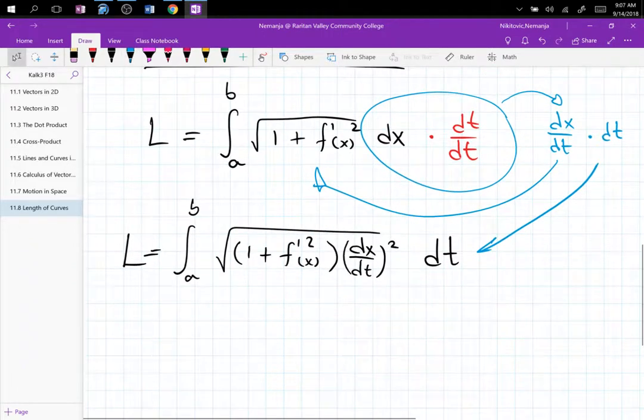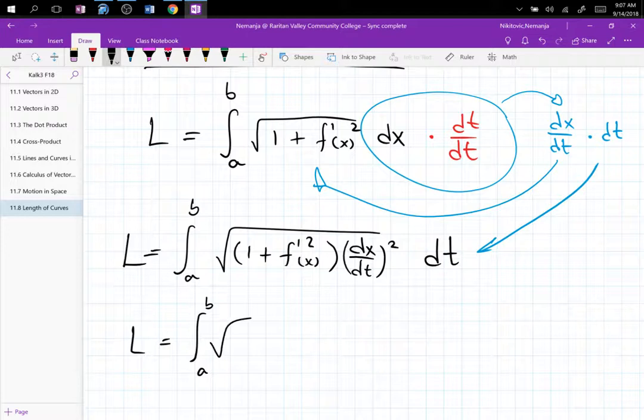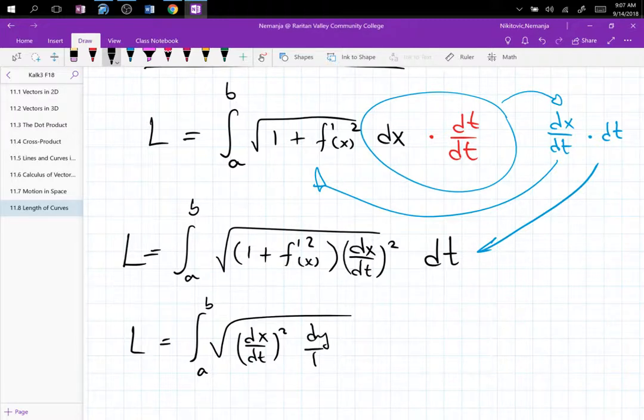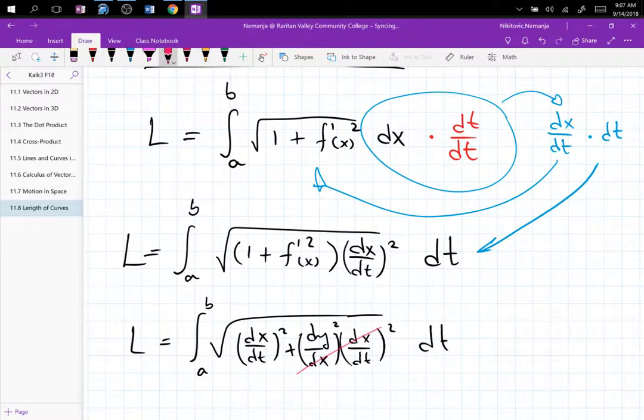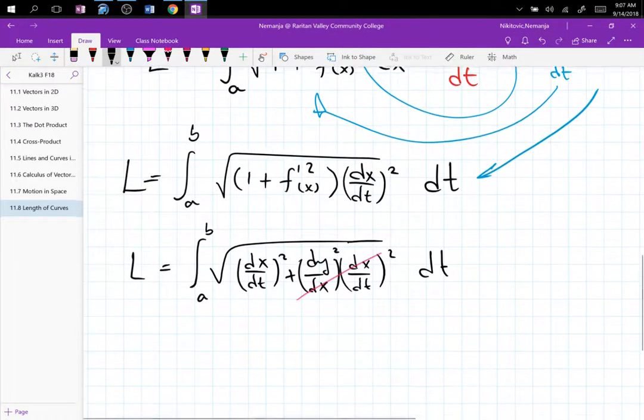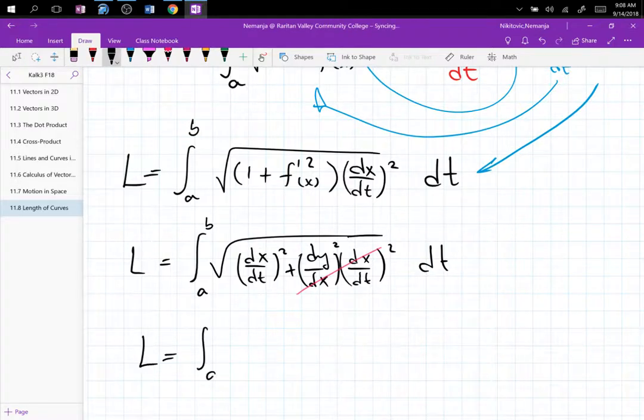So now we distribute under the radical: 1 times dx dt squared is dx dt squared, and we write our derivative f prime squared as dy dx squared times dx dt squared dt, where clearly dx squared and dx squared cancel, and we get our formula for length of curve in parametric form.